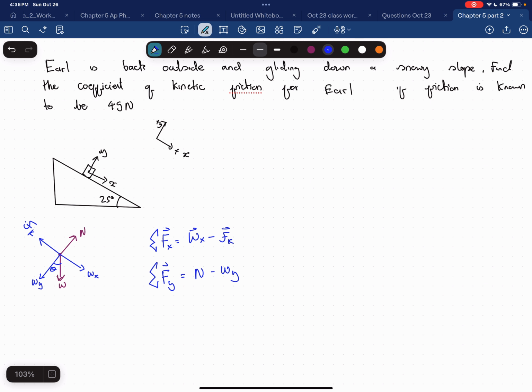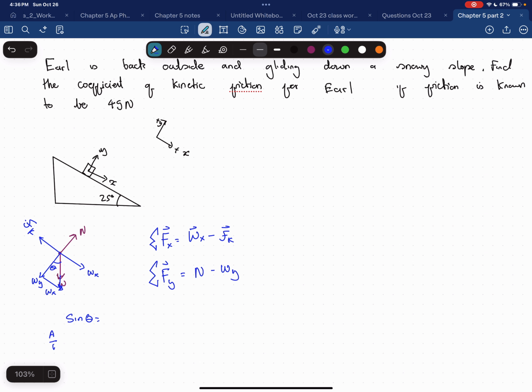Omega x is something we can find with our triangle here. This right here, remember I told you, is omega x. This vector that connects omega and omega x is omega x right here. It's given by sine theta. Sine theta is our adjacent over our hypotenuse. So really, which was our adjacent angle?